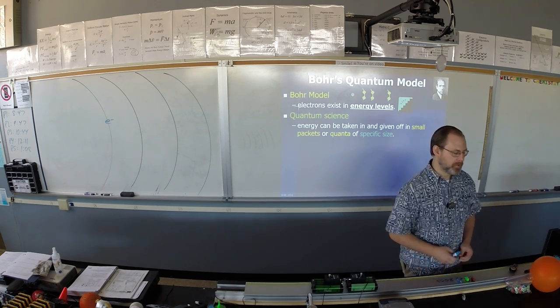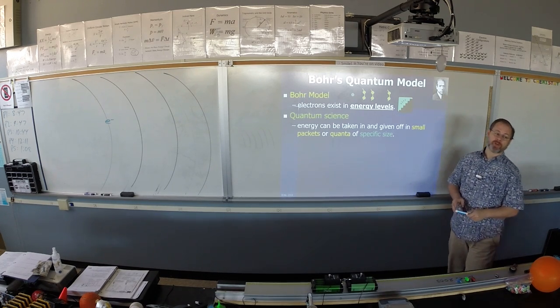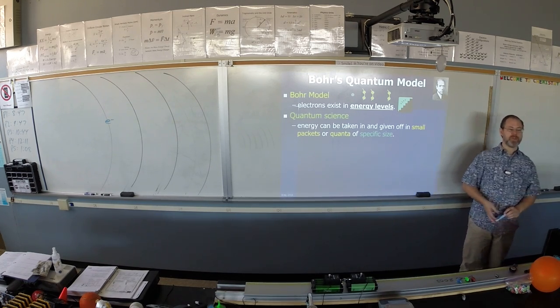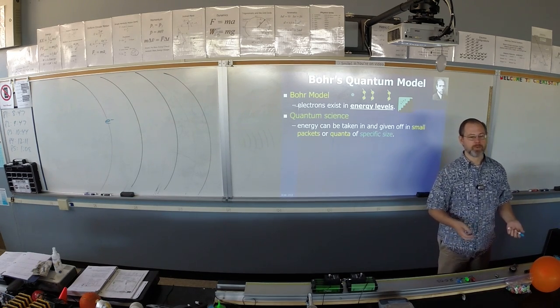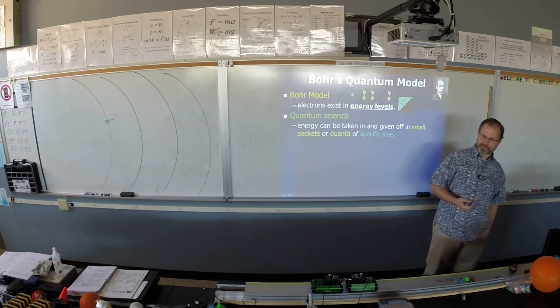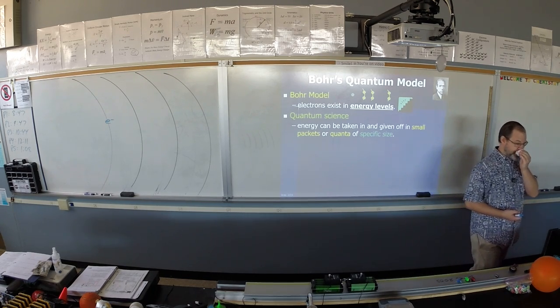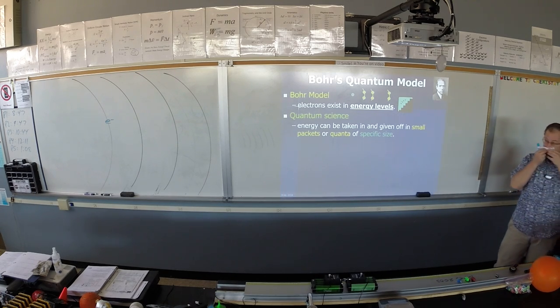If you move on past the Bohr model, which is what we're learning today, you're going to learn about things called wave equations, where the electron is treated less like a thing and more like a probability of energy, an existence, if you will. But we're going to think of it as something like a thing.